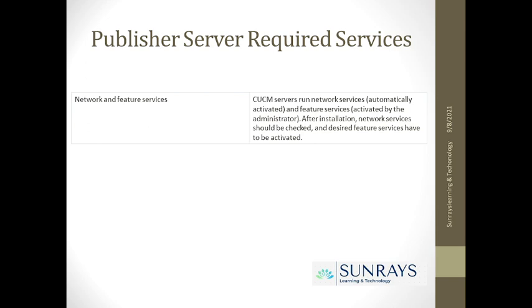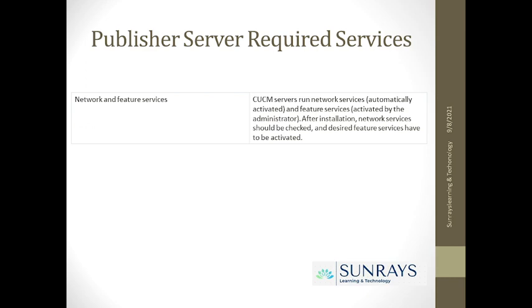And there are some initial services, or I can say some mandatory services, once the CUCM is installed. If you have a multi-node cluster, with a publisher and subscribers, there are some services which are mandatory and that we restart on the publisher. There are two types of services: network services and feature services. Network services are the mandatory ones.